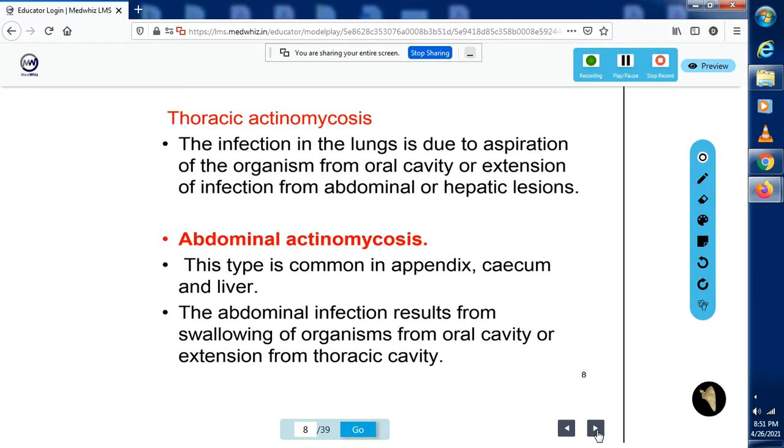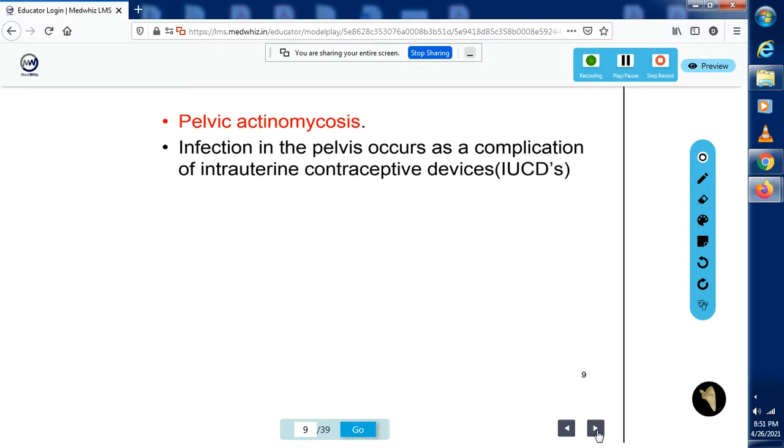The infection results from swallowing of the organism from the oral cavity or extension from the thoracic cavity. Then coming to pelvic actinomycosis, here the infection in the pelvis occurs as a complication of IUCD, that is intrauterine contraceptive device. When it involves the uterine cavity, it is called pelvic actinomycosis. So you should remember the four types of actinomycosis.